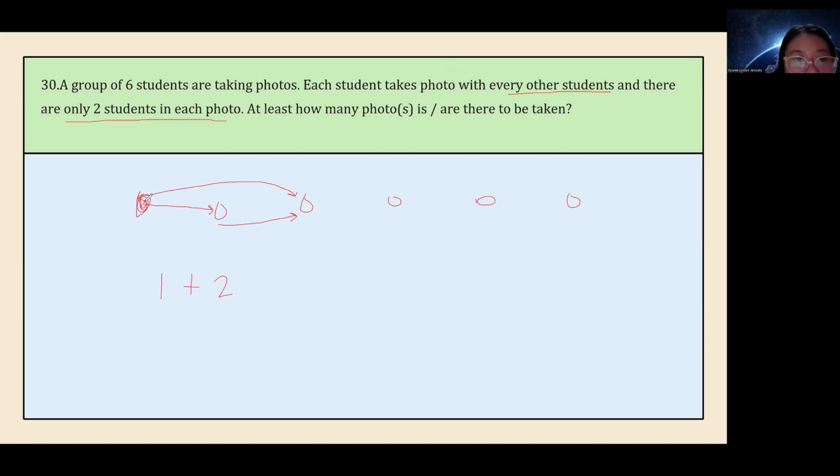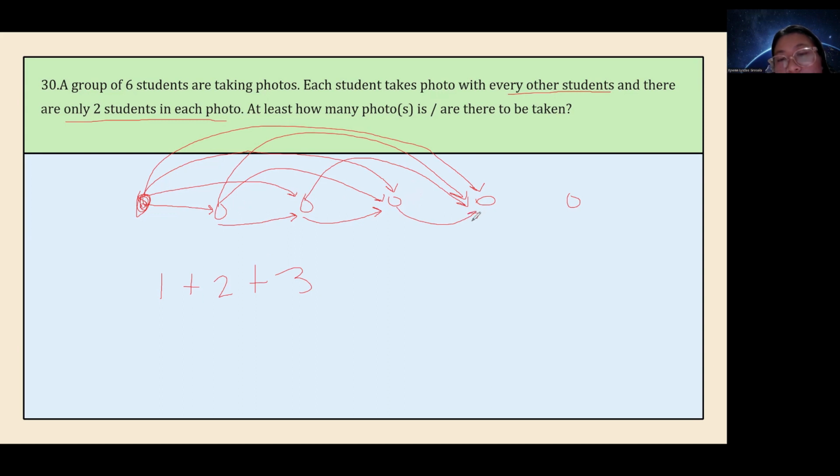Next, if this student wants to take a photo with this student and this student as well, and also this student, that's 3 photos. Next, if this student wants to take a photo with this student as well, did you get the pattern? And also this student, and lastly this student. So that's 4 photos. 1, 2, 3, 4.